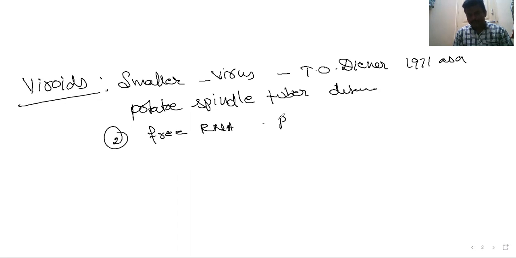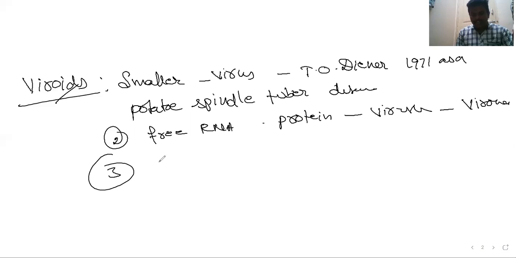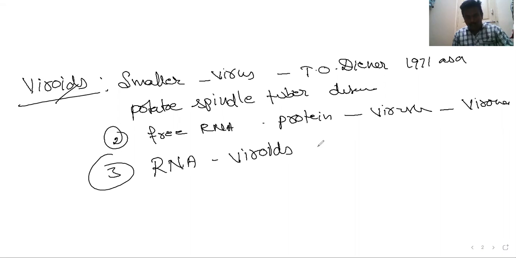They lack the protein coat found in viruses. Whatever protein coat is found in viruses is absent in viroids, hence these are called viroids. The RNA of viroids has low molecular weight.